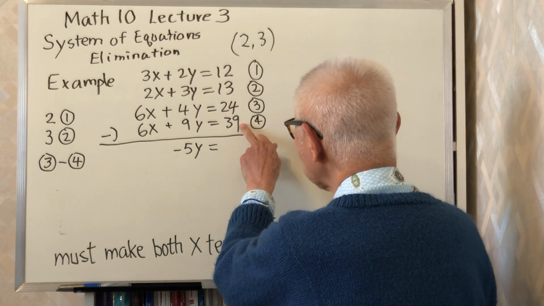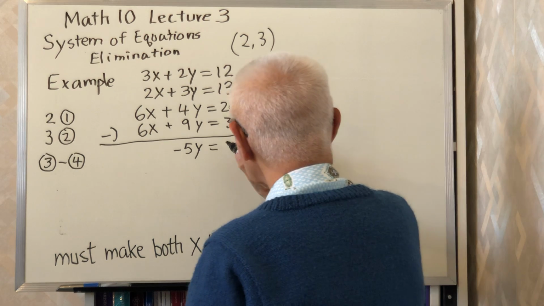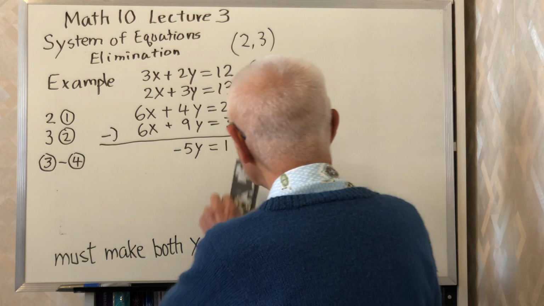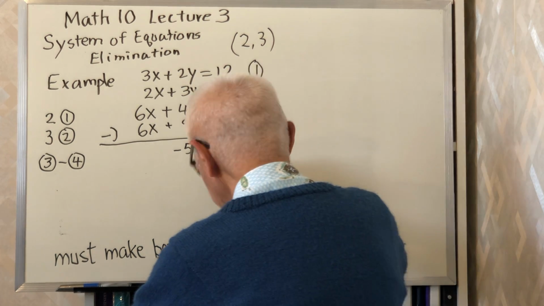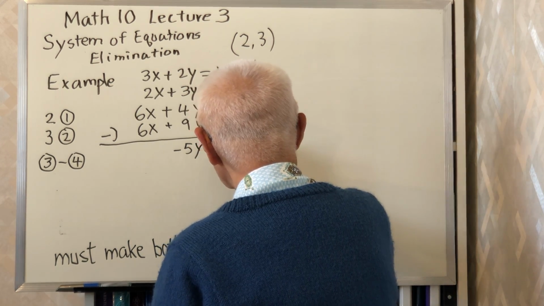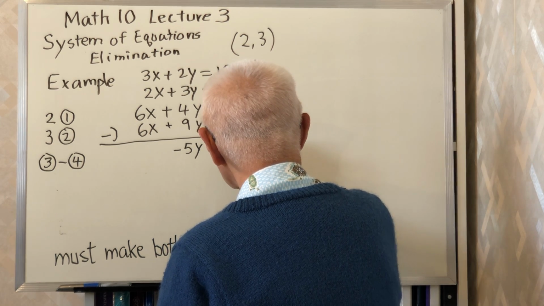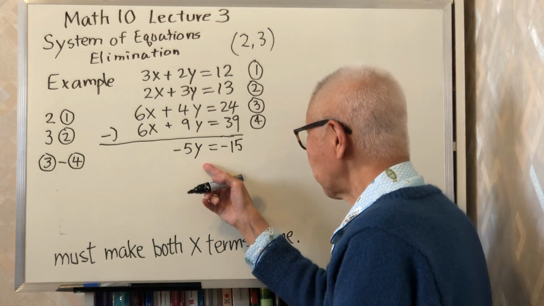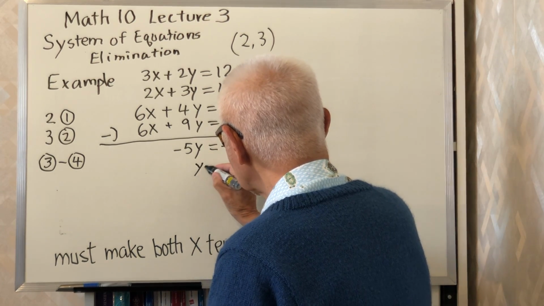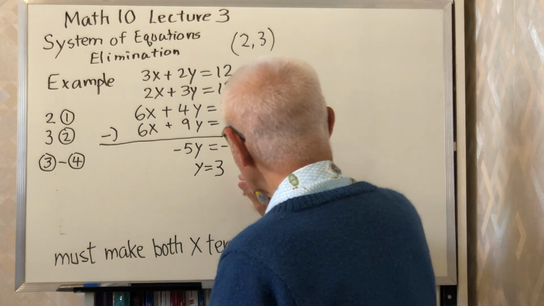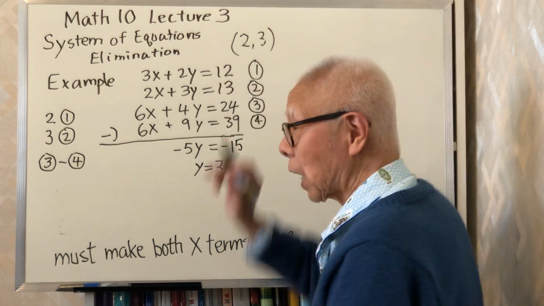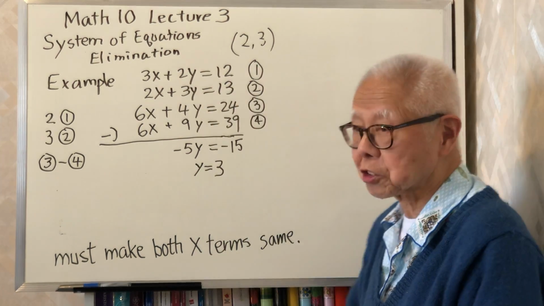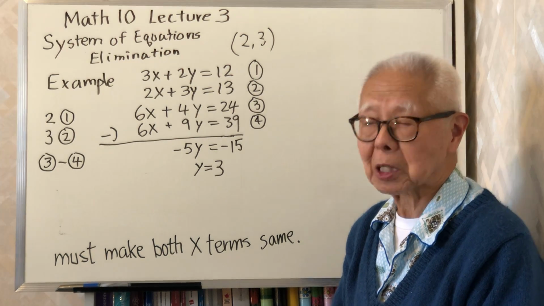This subtract that, I have negative 15. Now it's very easy to find y. The y is 3. You see? It agrees with the last lecture, of course, because the examples are the same. Of course, the solutions must be the same.